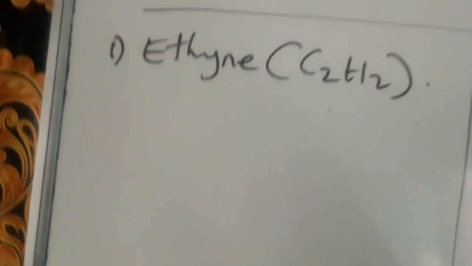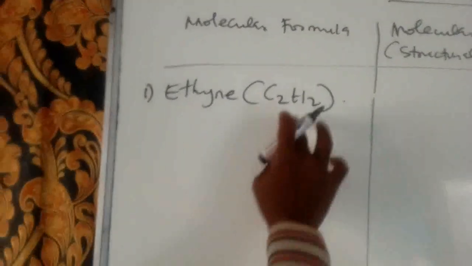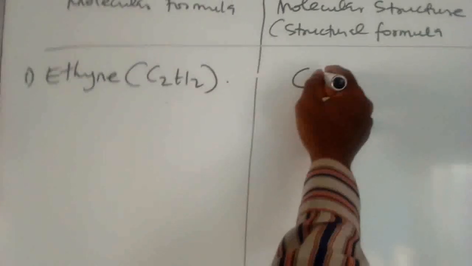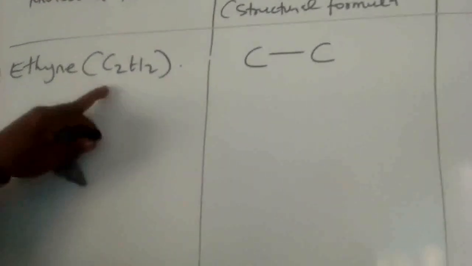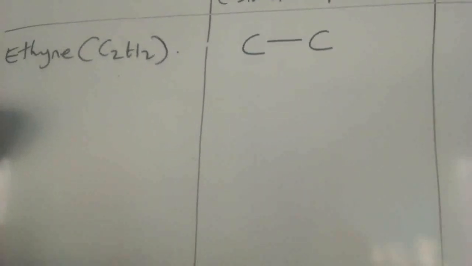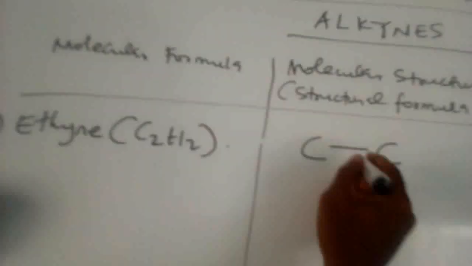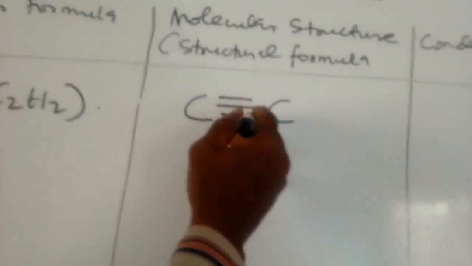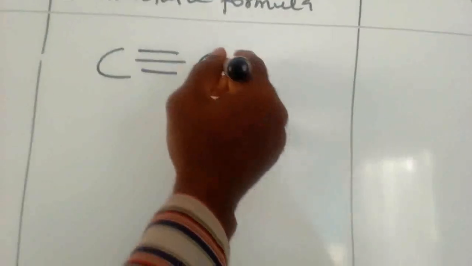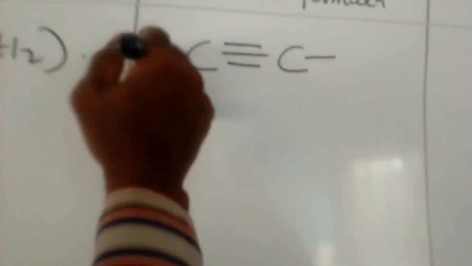To draw the molecular structure of ethyne, put the carbons on a straight line, only two carbons in ethyne. Since alkynes have a triple bond, I'll put a triple bond between the two carbon atoms, remove 4 hydrogens, 2 below and 2 above, and put the hydrogens on the sides. That is ethyne.